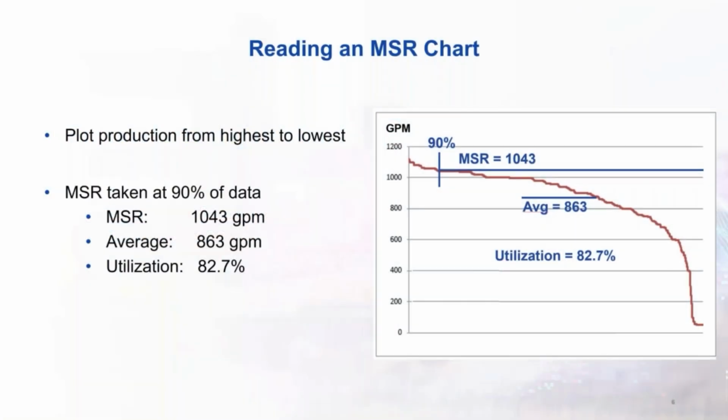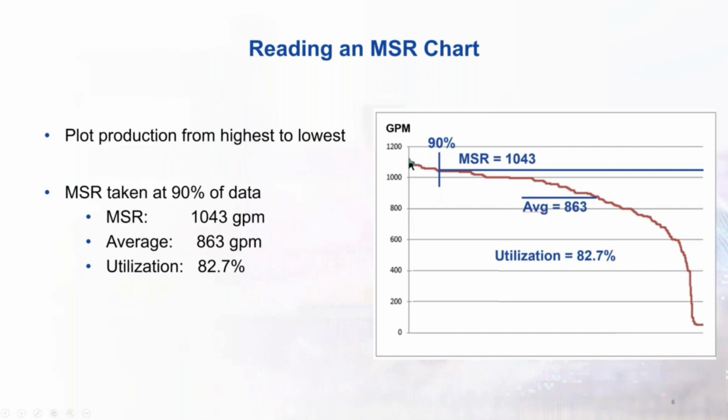So let's start with what's an MSR chart. Our goal is to find out what a single process can do, and then we apply this same technique across all the process units in a plant. To do it for one processing unit, you take the production, sort it, and plot it from highest to lowest. That's the red line here. Then you use that to say, what's the maximum rate you can achieve? Well, you could say it's the top point here, but that never happens.